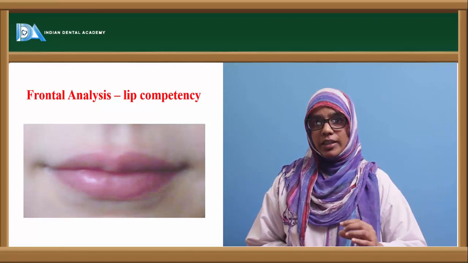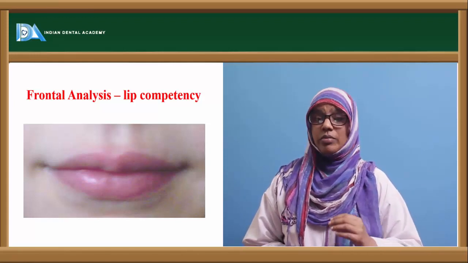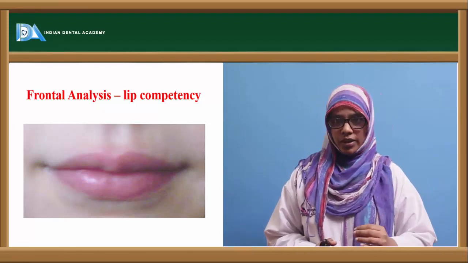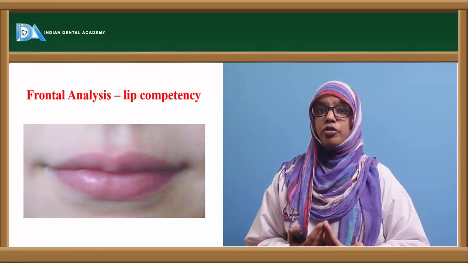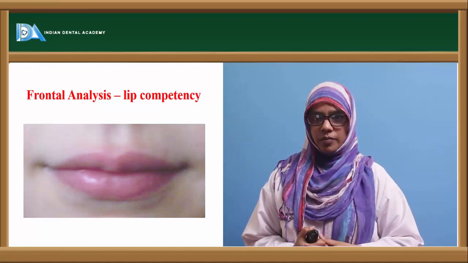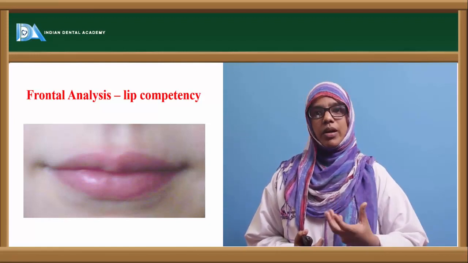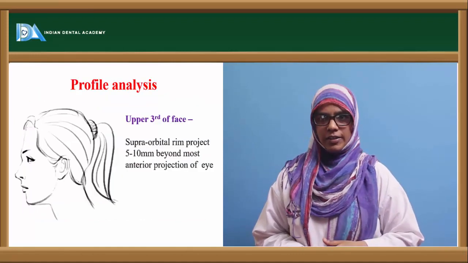Normally there is a slight gap, around 2 mm, between the lips. But in case of maxillary excess, the lips are not able to coincide. Or in case of protrusive maxillary incisors, because of the protrusion, the lips are incompetent. But sometimes there is no maxillary protrusion, and the lip bulk itself is less. So you need to analyze that in the frontal analysis.